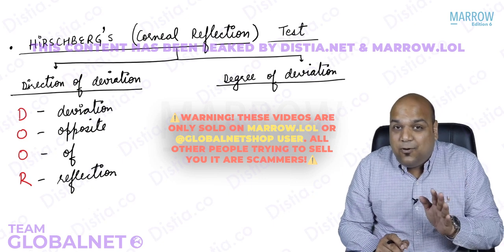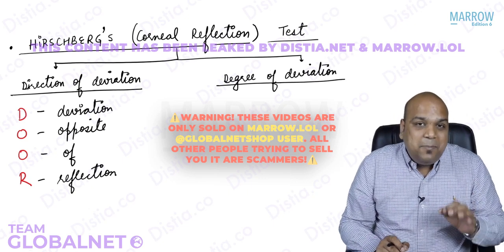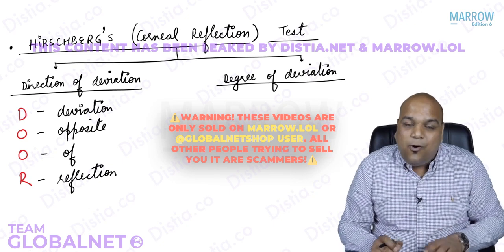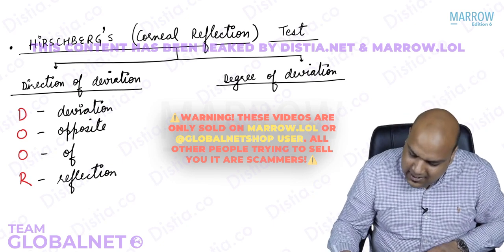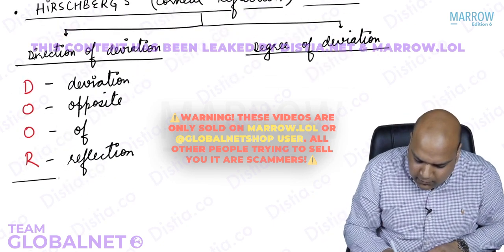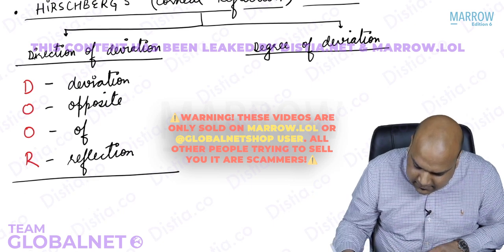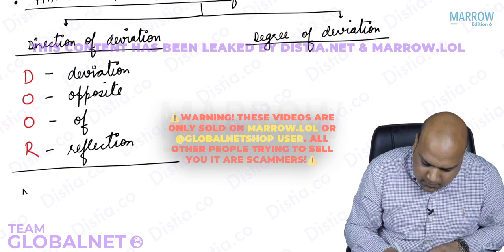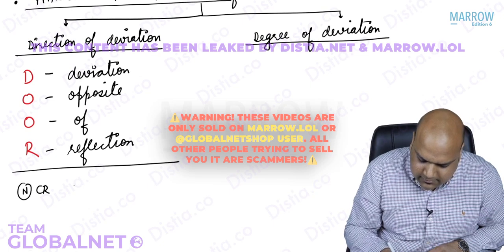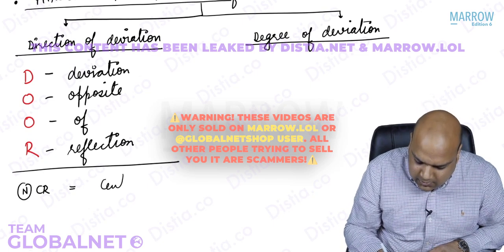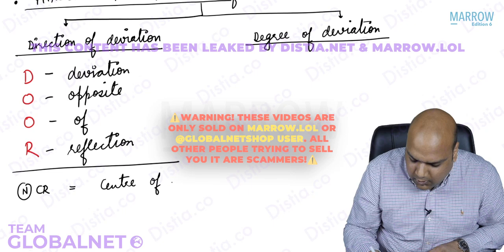We see the direction of the deviation based on the direction of the reflection. If I can enumerate it for you, I will say, normal corneal reflection is equal to center of pupil.